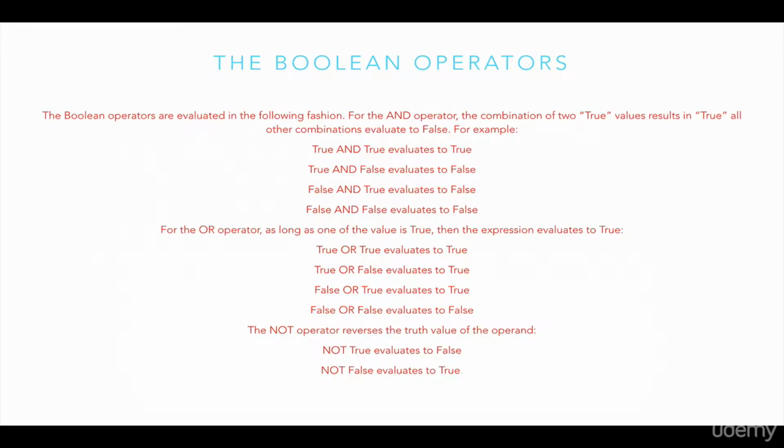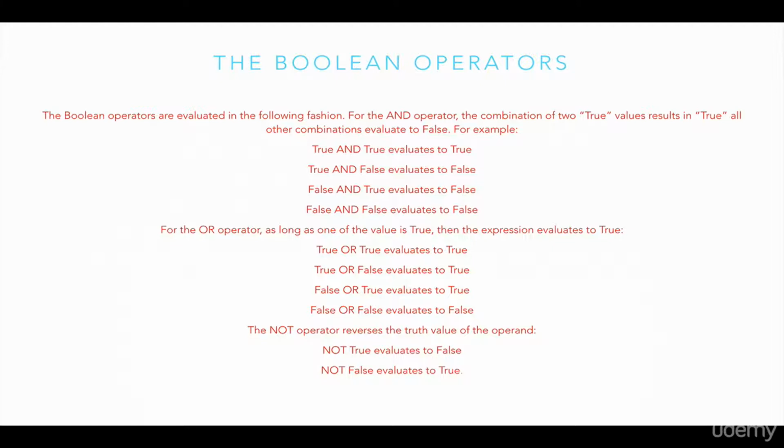Okay, here I want to point out some examples about these operators. The Boolean operators are evaluated in the following fashion. For the AND operator, the combination of two true values results in true. All other combinations evaluate to false.